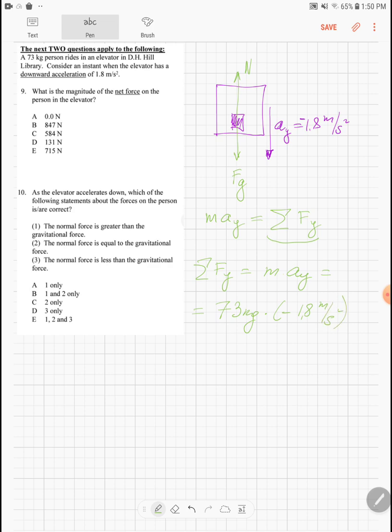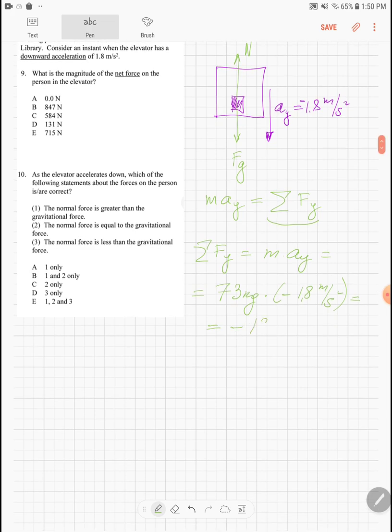Using our calculator, 73 times 1.8, we will obtain negative 131.4 newtons. So the answer is D.